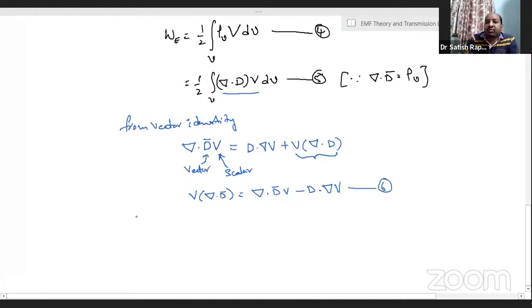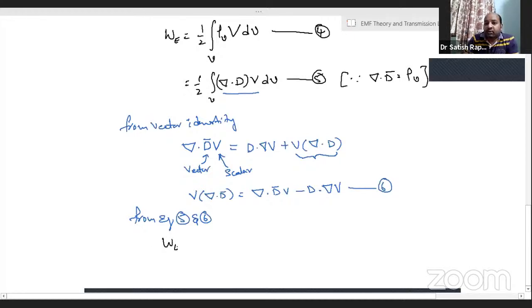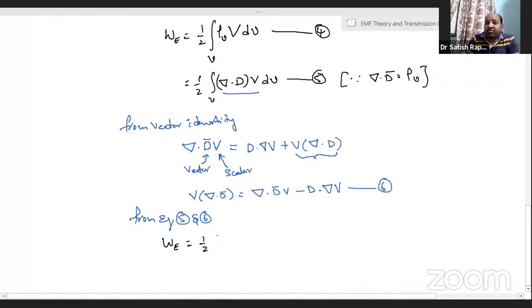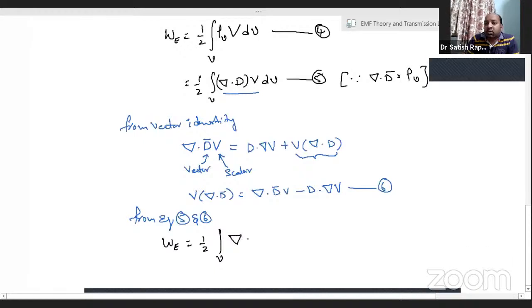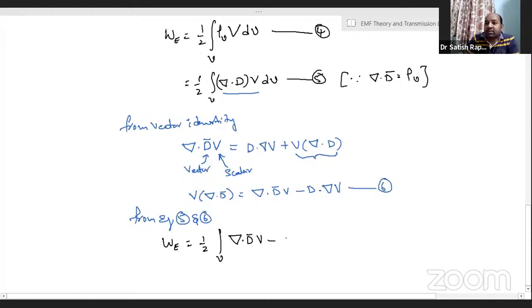So therefore, from equations 5 and 6, that means substituting equation 6 in equation 5, we have W is equal to half volume integral of del dot D bar into V, which is del dot D bar V minus D bar dot del V, dv.